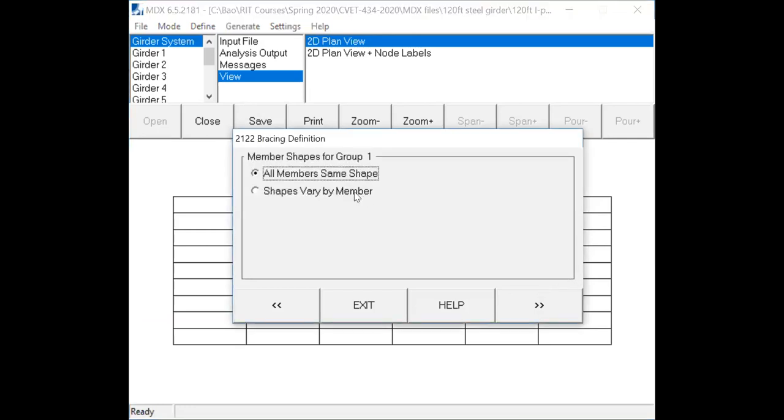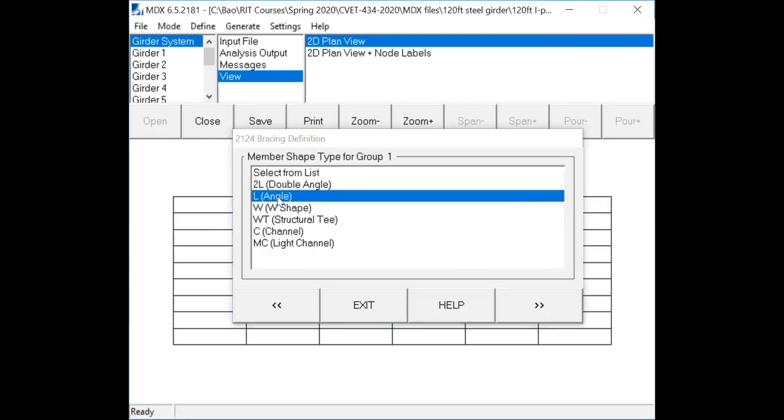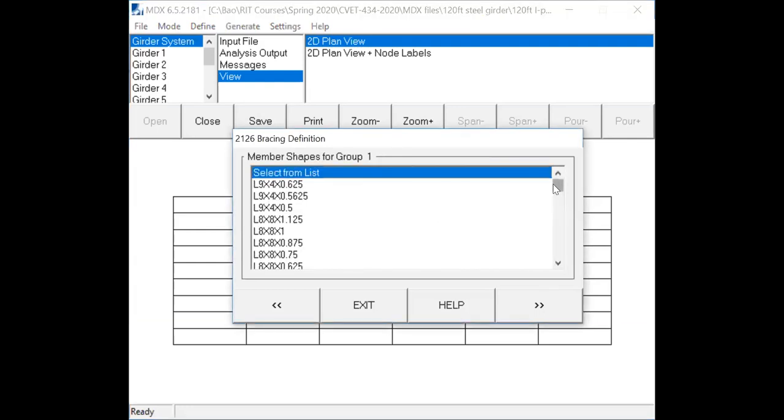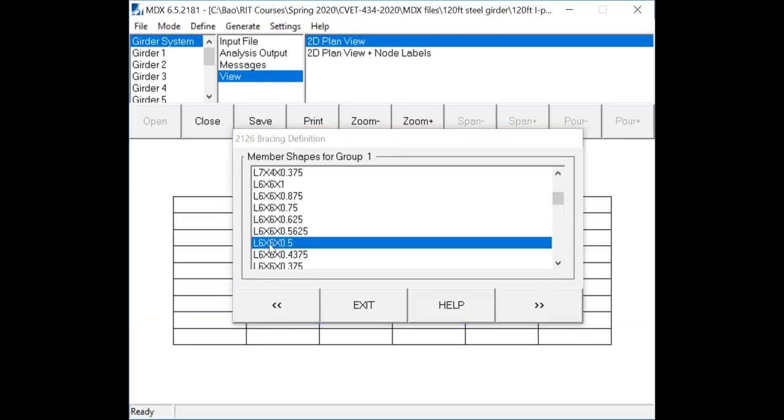Okay, and in order to be simple, I just use all members the same shape. And I use angle. This is the most commonly used member shape. Angle, and I will choose L 6 by 6 by 1/2 as a start.